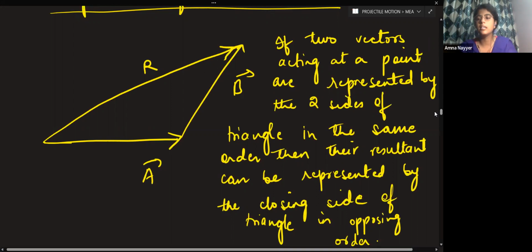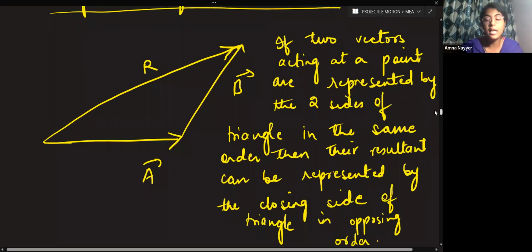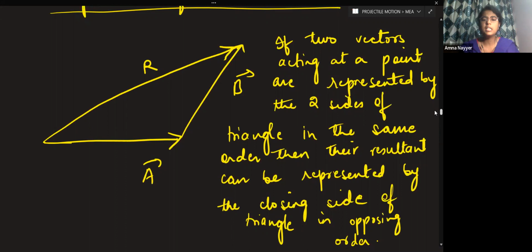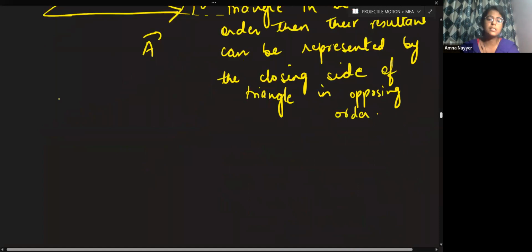Here, nothing is different. Vector A and B used to make an angle, which we considered in the parallelogram law. Here also, this angle that is formed, the exterior angle of the triangle, you take as theta. Resultant derivation is everything the same as that of the parallelogram.